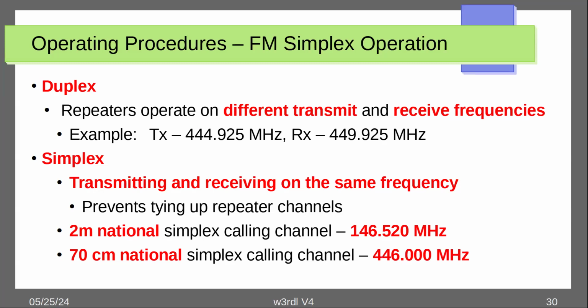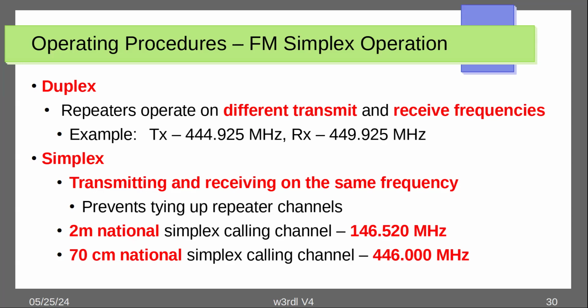There are three or four secondary ones, usually listed as TAC, if you look in the repeater handbook. Tactical channels A, B, C, D have different frequencies. We're using 147.420 this morning, which I think is TAC A. I'm not sure.